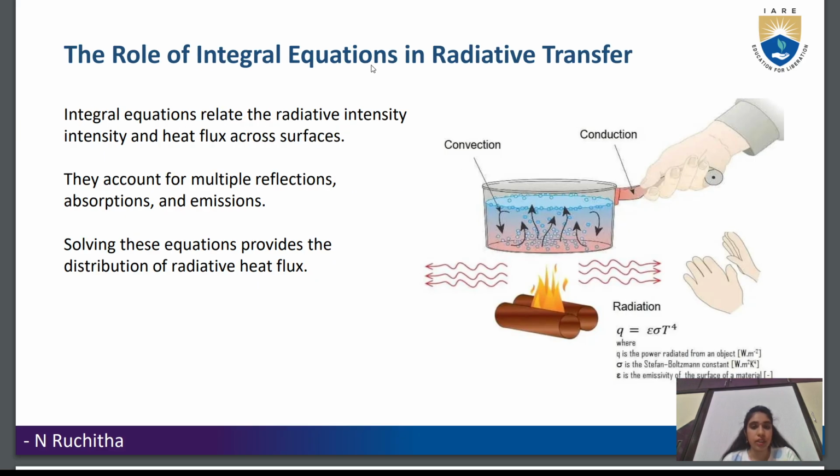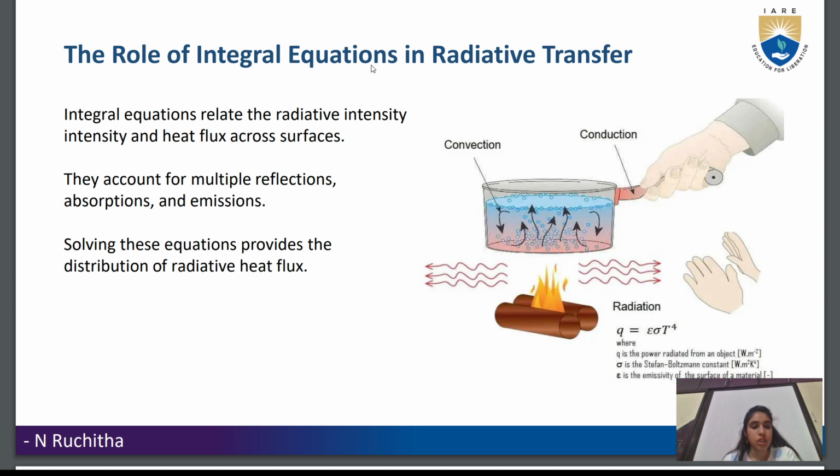The role of integral equations in radiative transfer. Radiative heat exchange is fundamentally a spatial integration process because surfaces and media interact over distances. Integral equations model the contributions of emission, absorption, scattering, and reflection within a system.